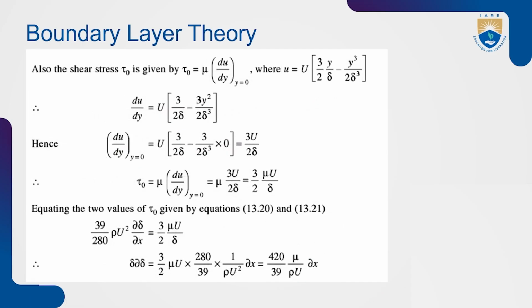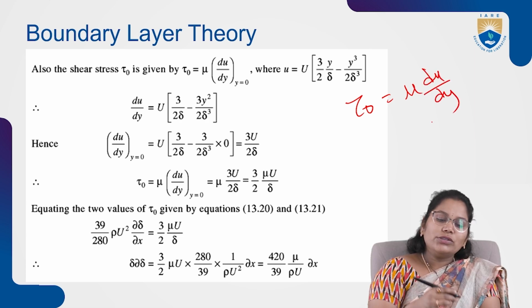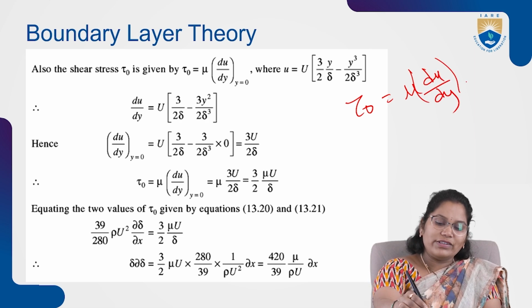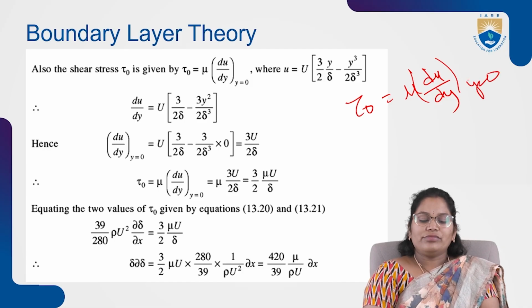After getting this value of tau naught, again we have to get another tau naught by using Newton's law of viscosity. According to Newton's law of viscosity, tau naught is mu into du by dy, where y is equal to 0.